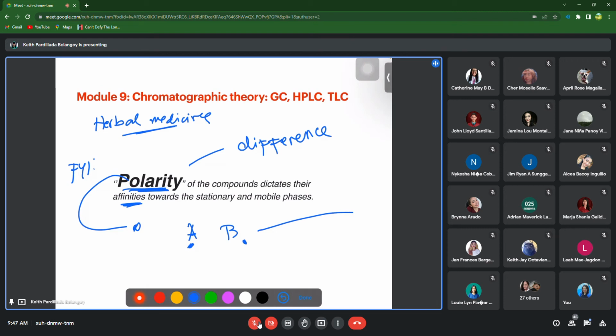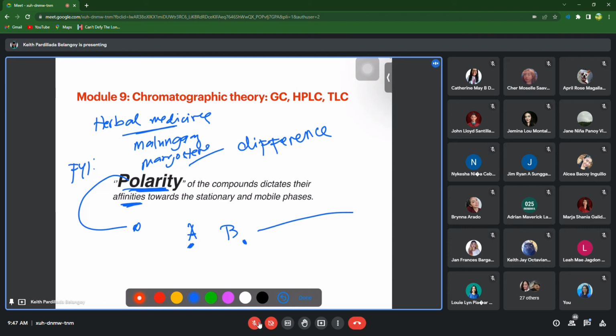So let's say for example, the herbal they used is malunggay or mangostino, your MX3. They did a long process.